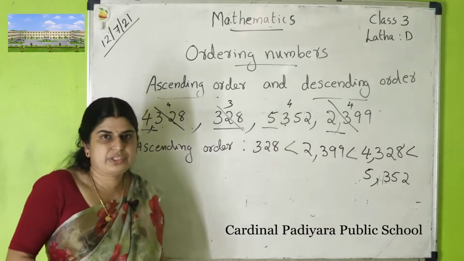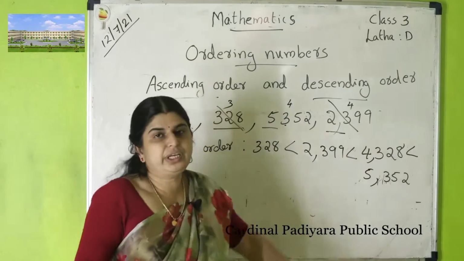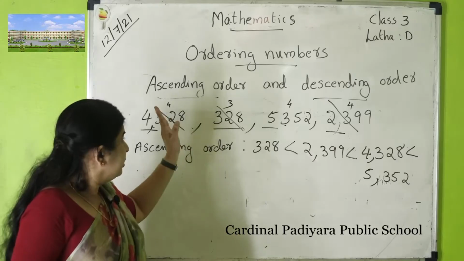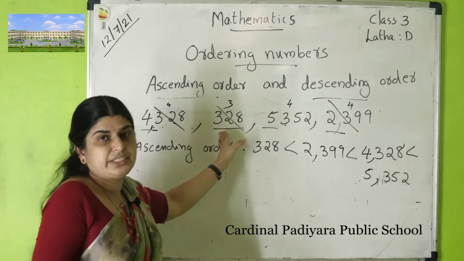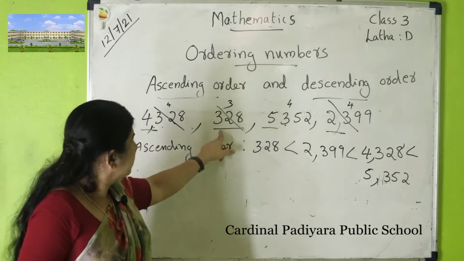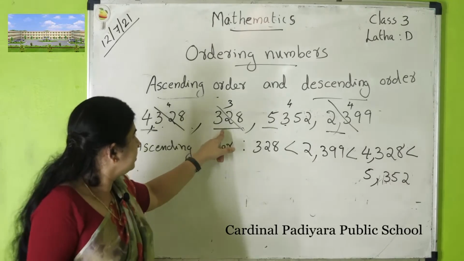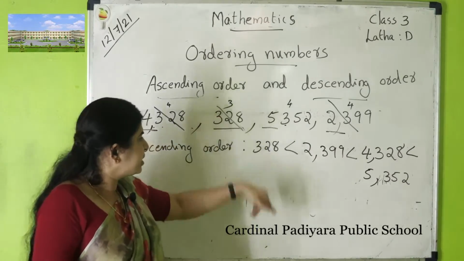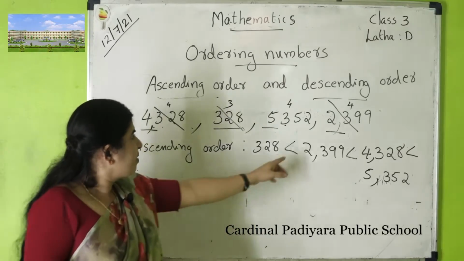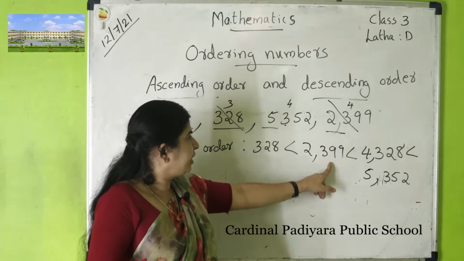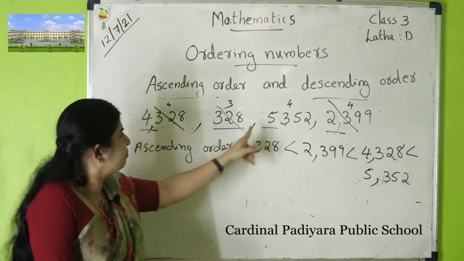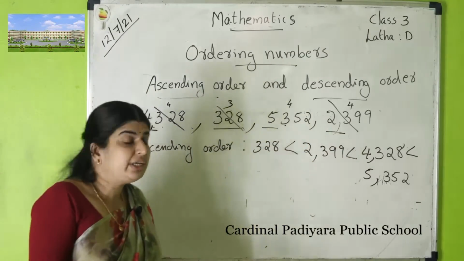Look here, first of all we count the digits of these numbers, and the number having fewer digits is the smallest number. Here 3, therefore 328 is the smallest number. Next smallest number, 2399. Why? Compare the leftmost digit: 4, 5, 2. 2 is the smallest.